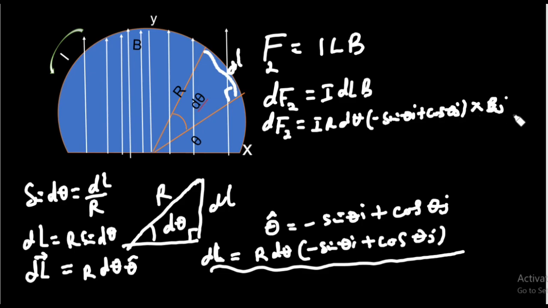If you cross this, you have finally minus I B R sine θ dθ, then the unit vector in the direction of k.